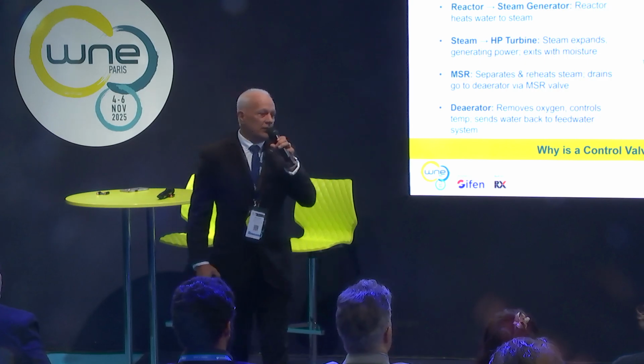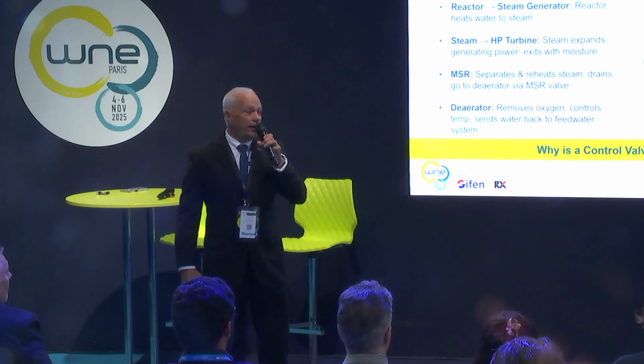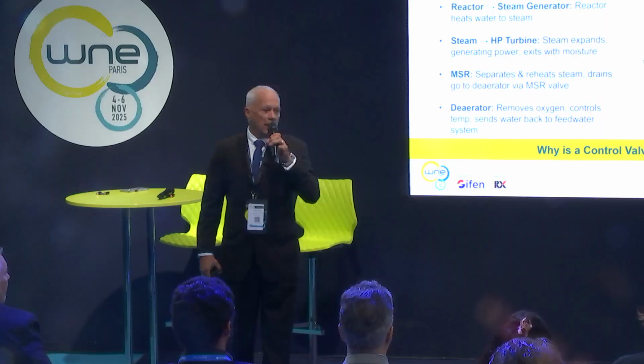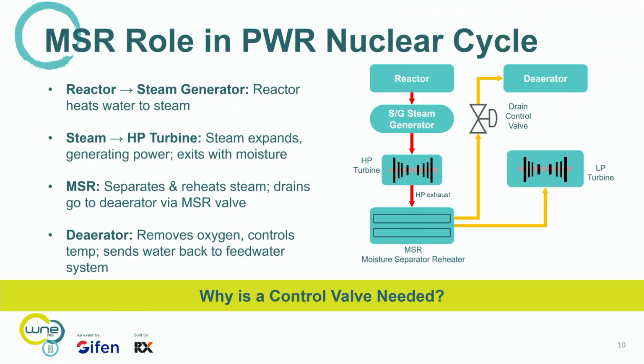This is the MSR, a moisture separator reheater. MSR is unique in a PWR type plant because you have the reactor going to the steam generator, which is producing the steam. That steam goes directly to the HP turbine. Now, the exhaust from that HP turbine goes into the MSR.